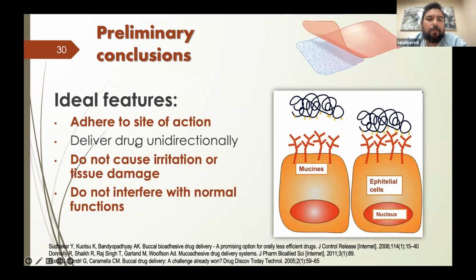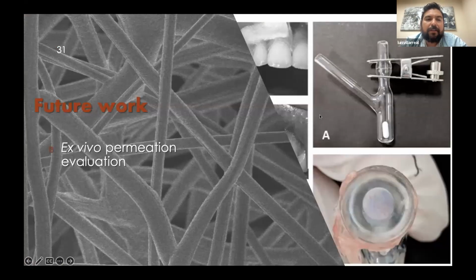Still, we need to demonstrate that the fibers release the dexamethasone unidirectionally. That's why we need to perform the Franz cell procedure, but for that test, we need pig tissue, pig oral tissue, and it's difficult to get.